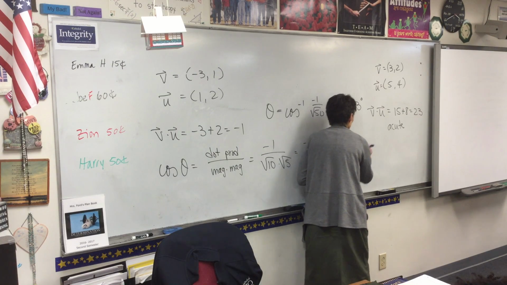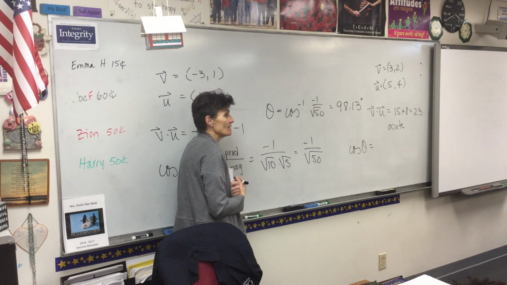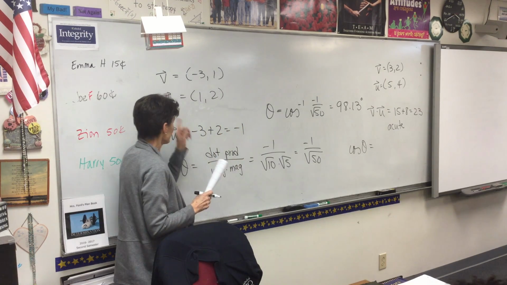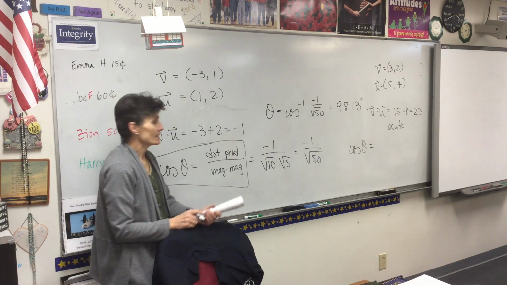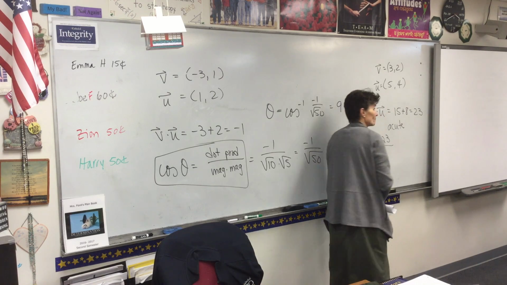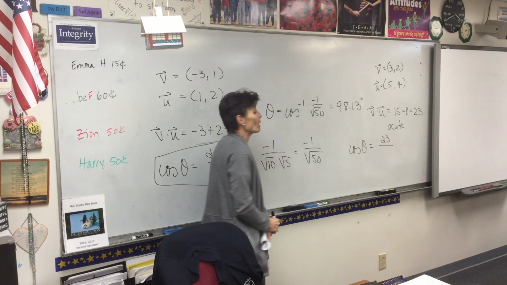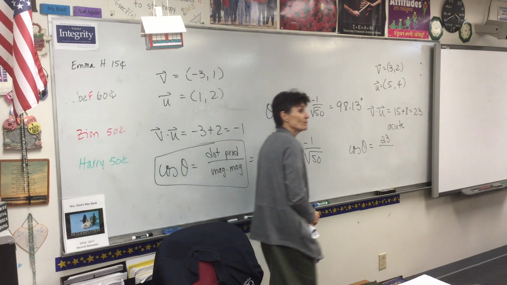And to find the angle, I have a formula that says cosine theta equals the dot product, which is 23, divided by what? Magnitude of each one.